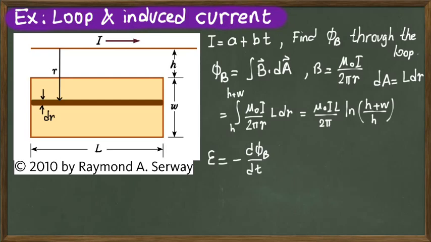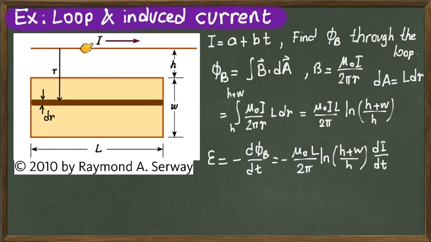If you imagine this loop as a rectangular wire, then the electromotive force over this wire is minus d phi B divided by dt.